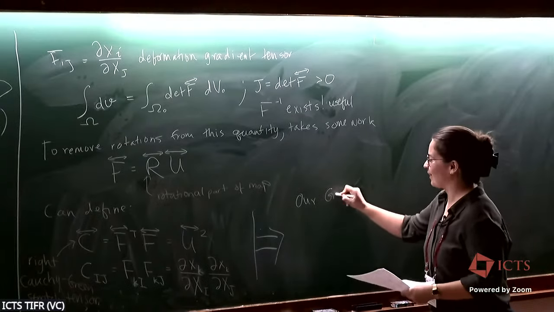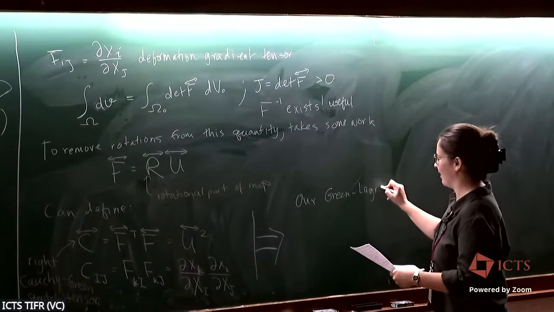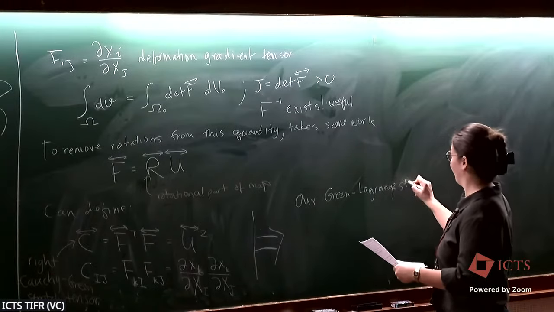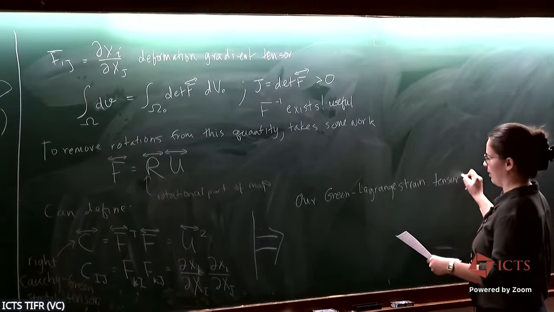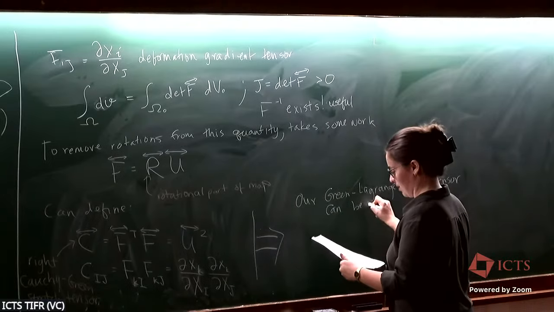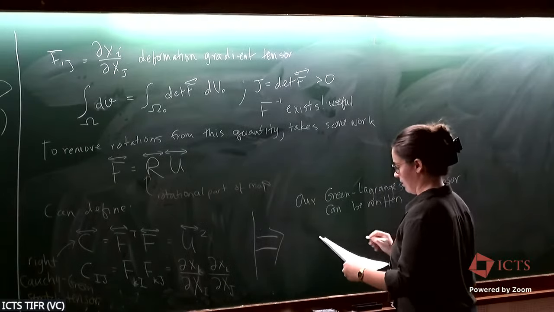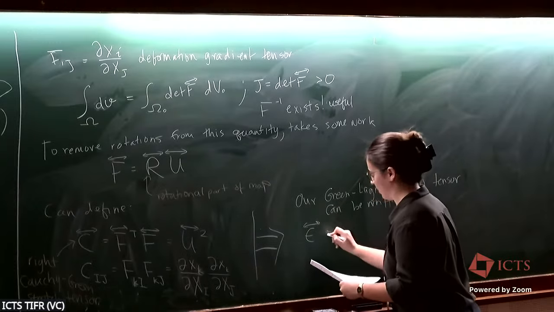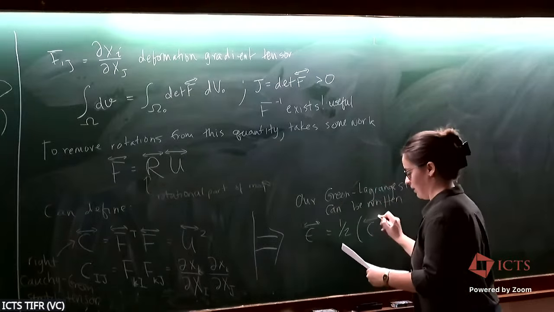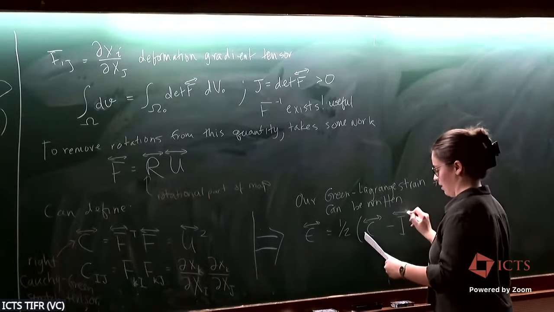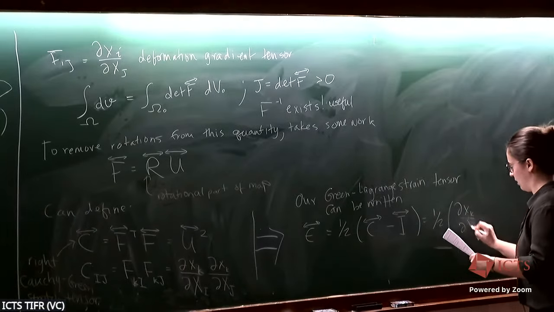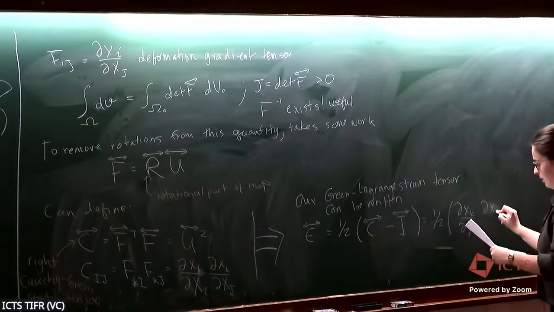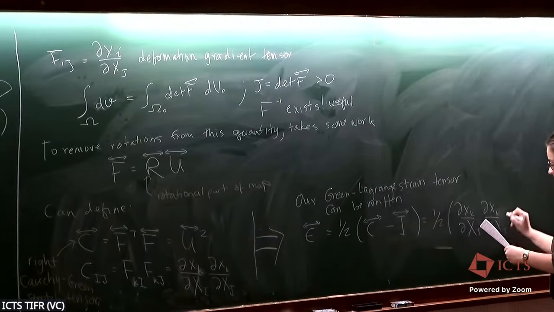Our Green-Lagrange strain tensor can be written in terms of this right Cauchy-Green stretch tensor as epsilon is 1/2 (C minus I), which in indices is dxk, dxi, dxk, dxj minus delta ij.